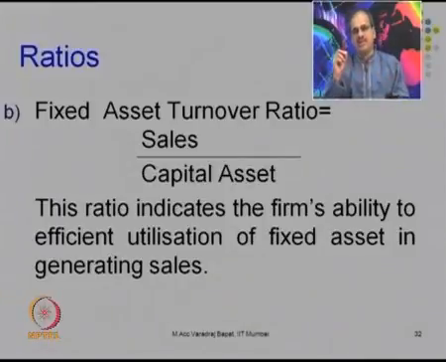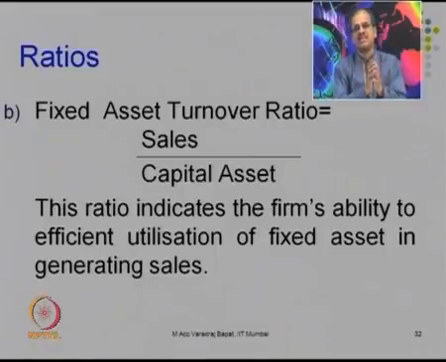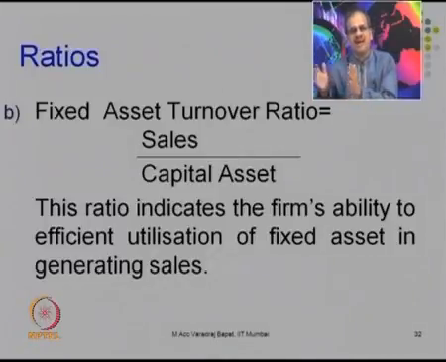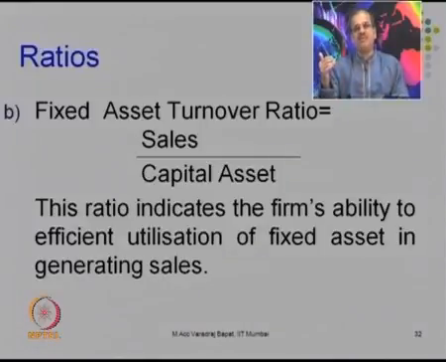Let us take a simple example. If you assume that you have a relatively small retail shop which makes a sale of 50 lakhs in a week. There is another large size mall, it keeps lot of stock, it has a big size of showroom that also makes sale of 50 lakhs.